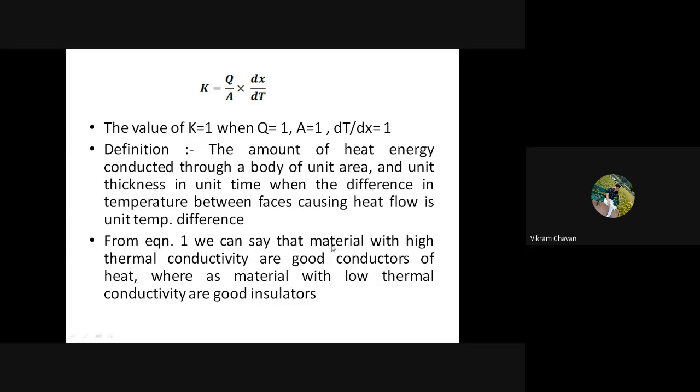So we can say that materials with high thermal conductivity are good conductors of heat, whereas materials with low thermal conductivity are good insulators or bad conductors of heat. A good insulator prevents heat transfer, that is nothing but a bad conductor of heat.